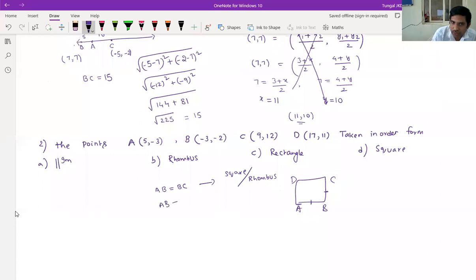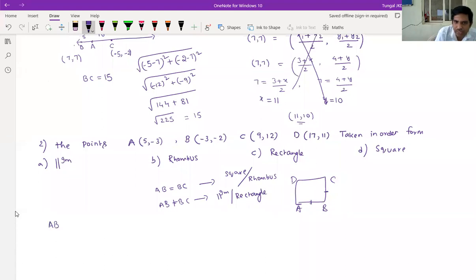Suppose AB is not equal to BC, then the option is either parallelogram or rectangle. Remember this one. In a parallelogram and rectangle, these two, AB and BC, are different. But in a square or rhombus, these two are equal. So this saves some time.